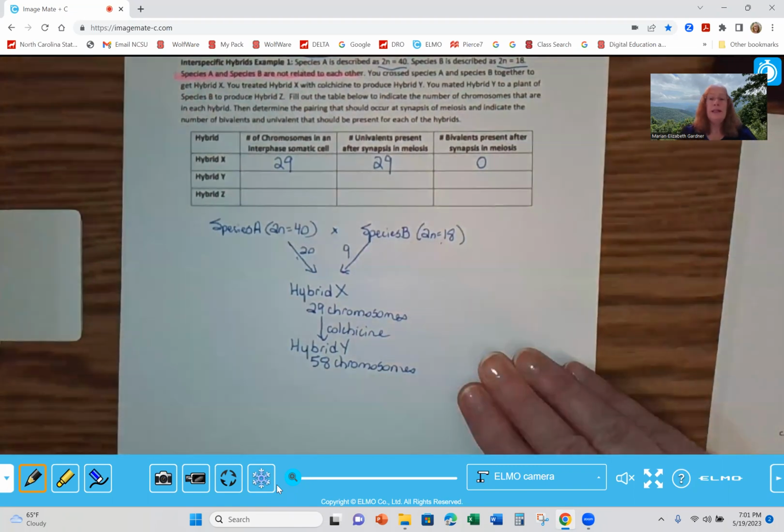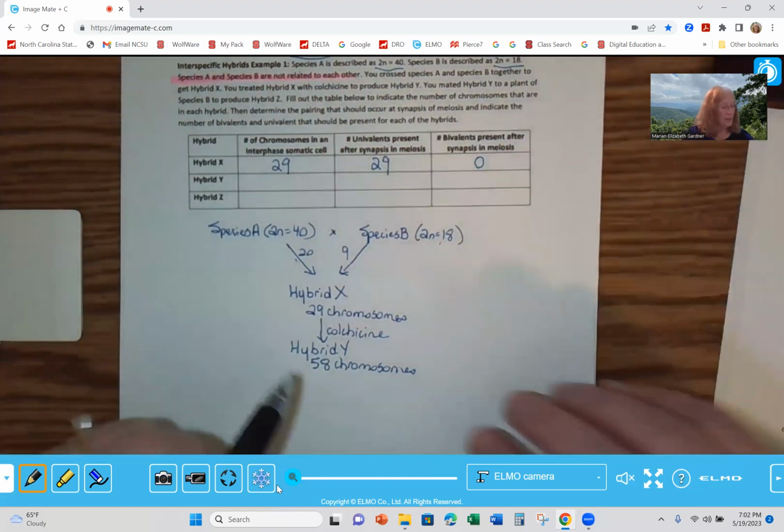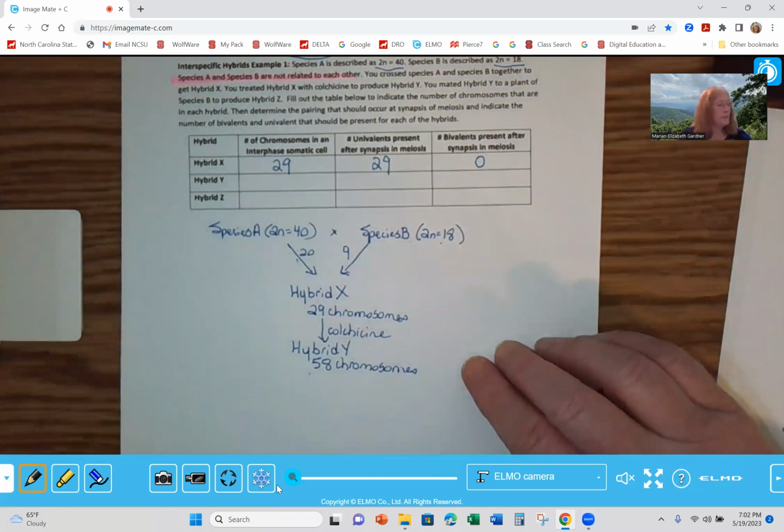Remember I said colchicine doubles the chromosome number? It does that because it disrupts the spindle fibers. So where the chromosomes normally will line up in mitosis and then split, these spindle fibers are disrupted, and so the chromosomes just all hang out, and then they all end up getting incorporated together, and we end up with twice as many chromosomes.